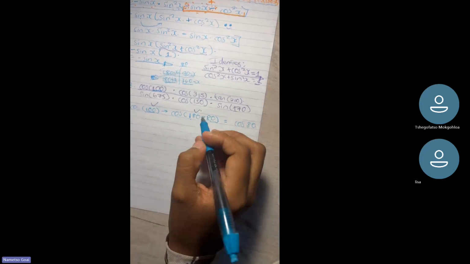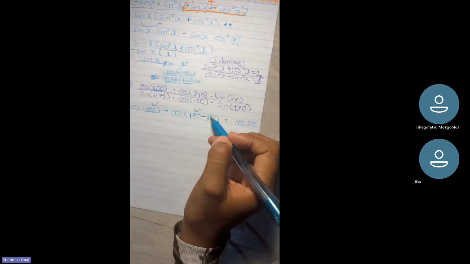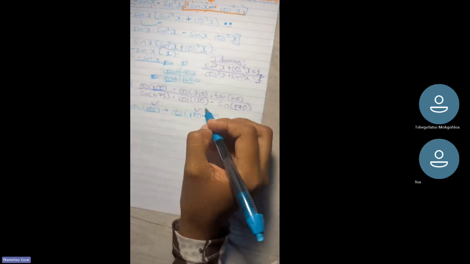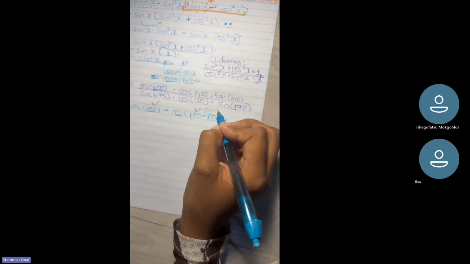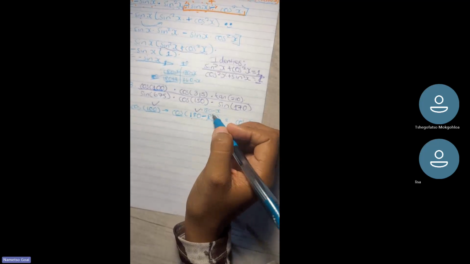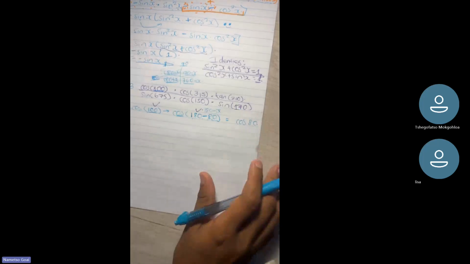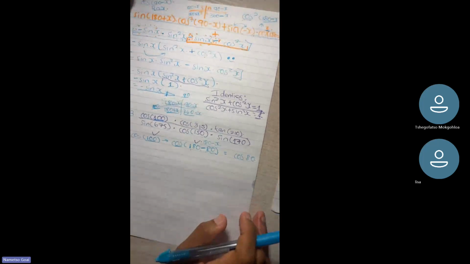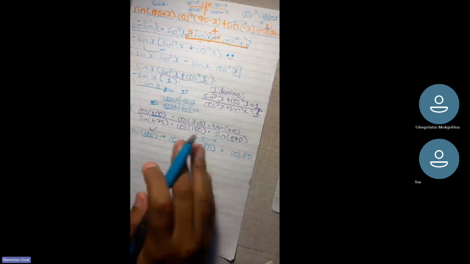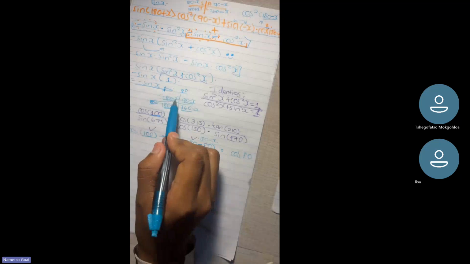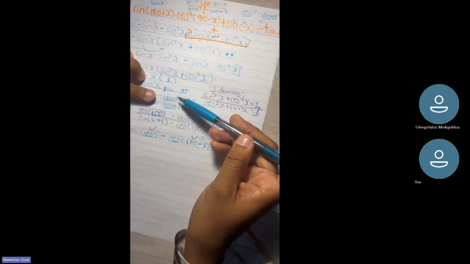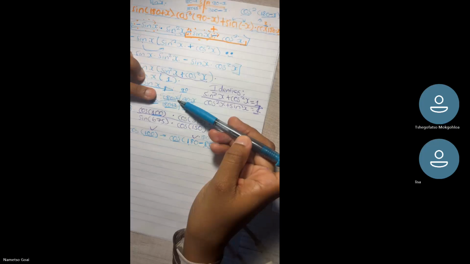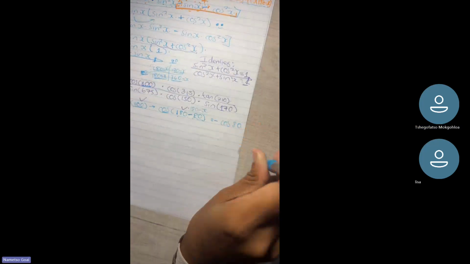But again, you have to check what is the behavior of cos at the 180 minus x part. And if we go back to our test diagram, at the 180 quadrant, cos is what? It's negative. Yes, ma'am. So we're going to have a negative cos 80.